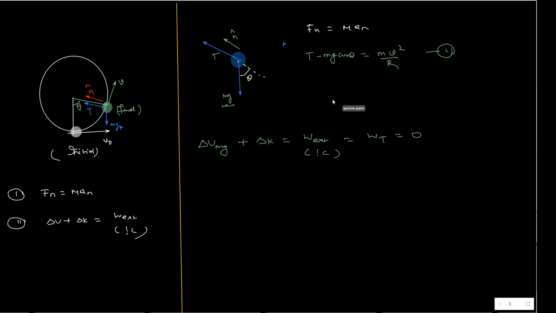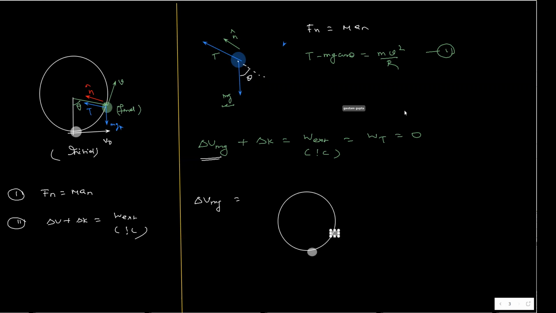Now in order to find delta U mg, it will be mg into the change in height. So what is the change in height? This object was here initially, and finally it is here.